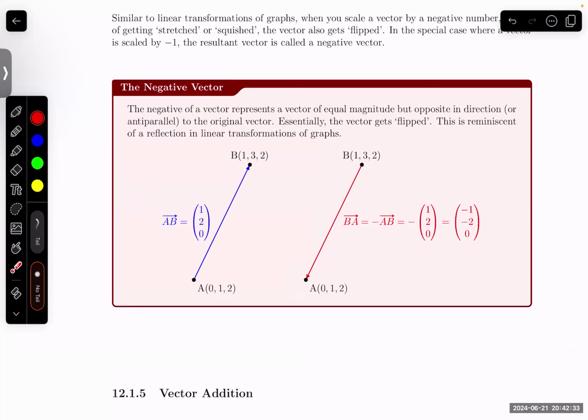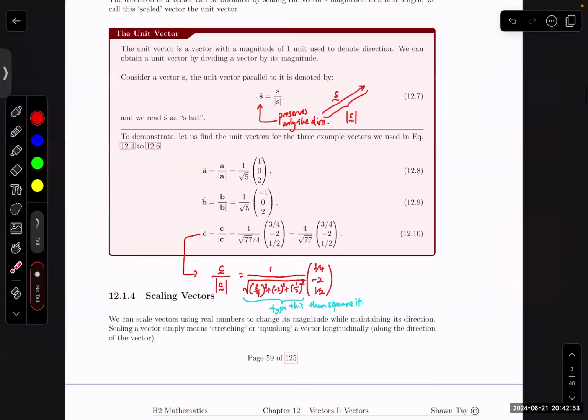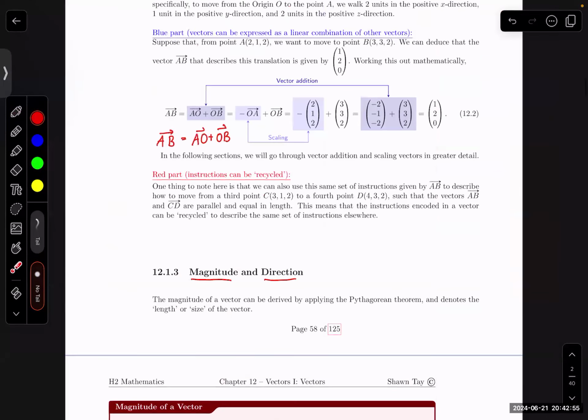Just multiply -1 to every single component. Okay, but our understanding of it is that the vectors will flip direction. So from this direction, it flips to the opposite direction. Just like how we mentioned in the above diagram over here, right?